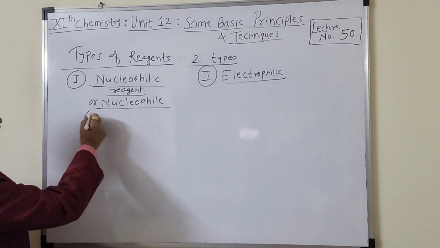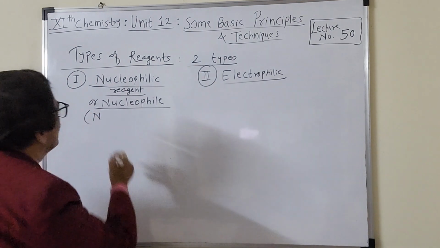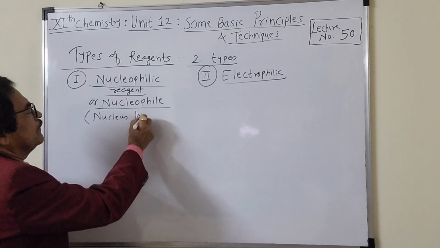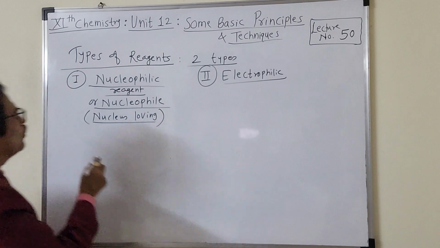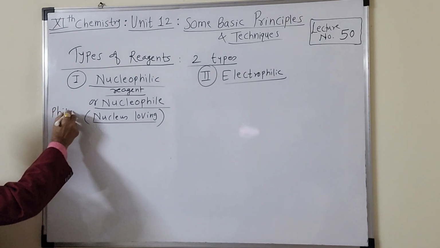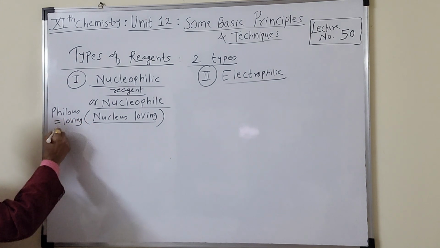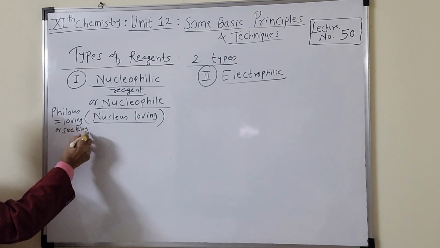Nucleophilus means loving. Okay, so nucleophile means nucleus loving या nucleus seeking, न्यूक्लियस की खोज में जाने वाला. ओके, फिलस का मतलब आता है loving or seeking. Okay, and that's why it is called as nucleus seeking.